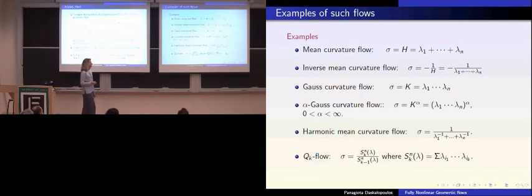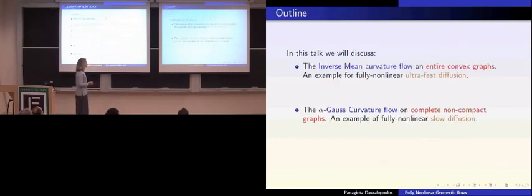Other flows include the harmonic mean curvature flow, by the harmonic mean of the principal curvatures, or you can take flows homogeneous of degree 1, where the speed is a ratio of successive elementary symmetric polynomials of the principal curvatures. So these are some typical examples.